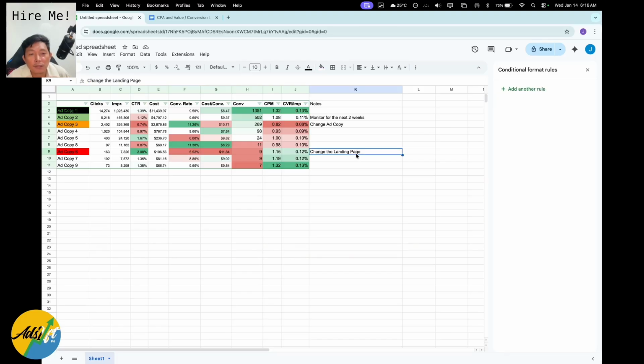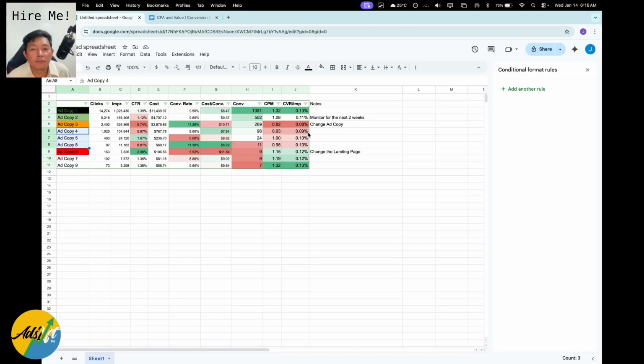This needs a landing page change. So we come up with 4 ad copies, and the rest, I think we need to ditch, except this one. The rest we need to remove, the rest of the ad copies.